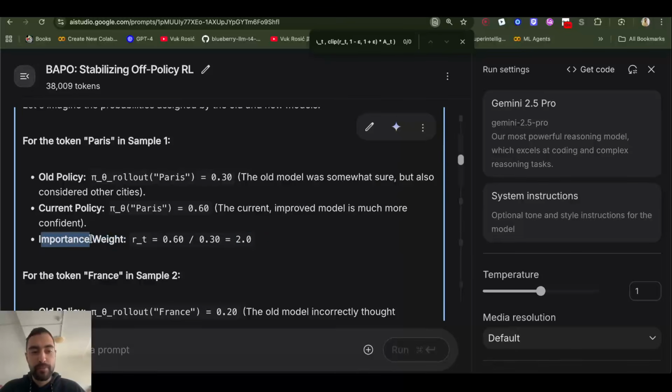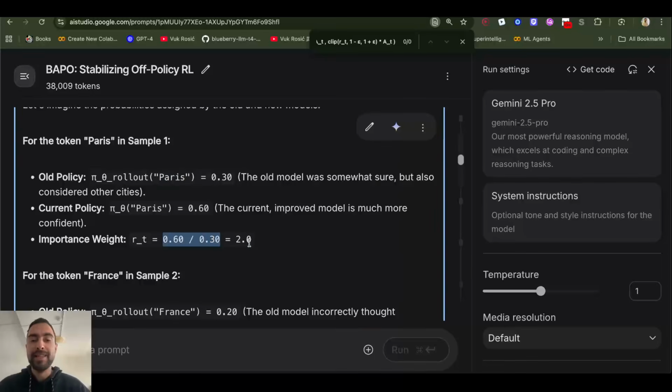Now this weight, importance ratio or importance weight, will actually strengthen the advantage. You'll see later that this is multiplied with the advantage. So if the model is performing better than expected, so it has positive advantage, then it will tell it to continue strengthening this Paris token, continue increasing its probability because it's making the model perform better than expected.